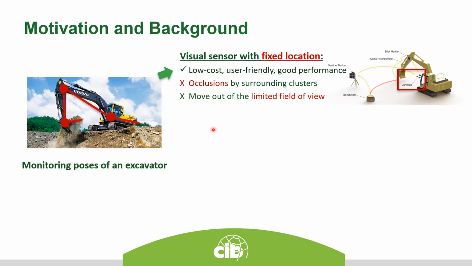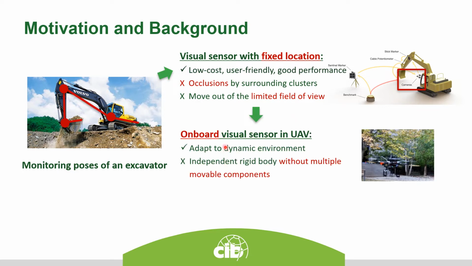Although they did develop a low-cost, user-friendly pose estimation system with good performance, there are still some problems like occlusion and limited field of view, which may make the whole system lose the tracking target and fail to work. To address this problem, some common ideas from unmanned aerial vehicles, the UAV, can be referred to.